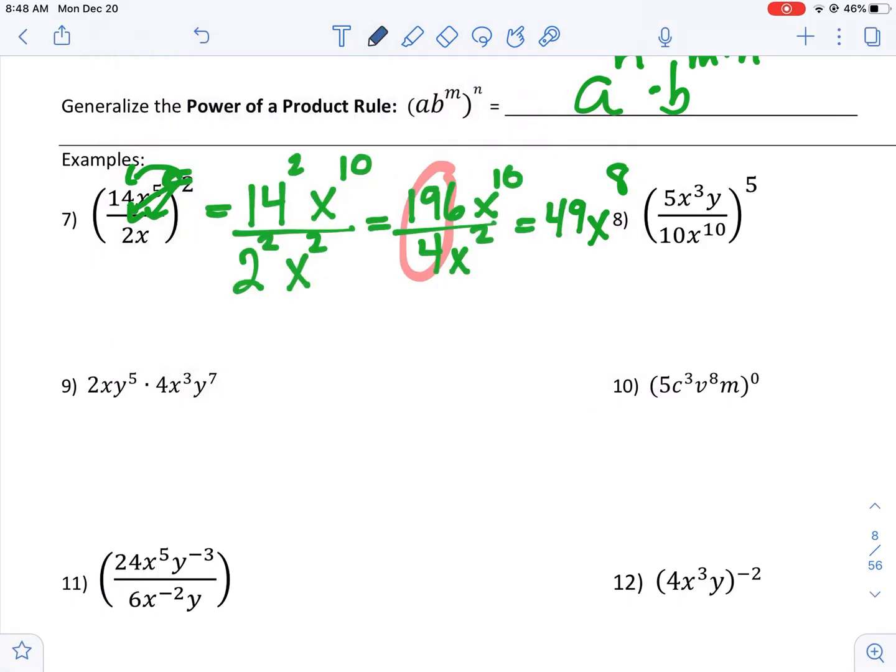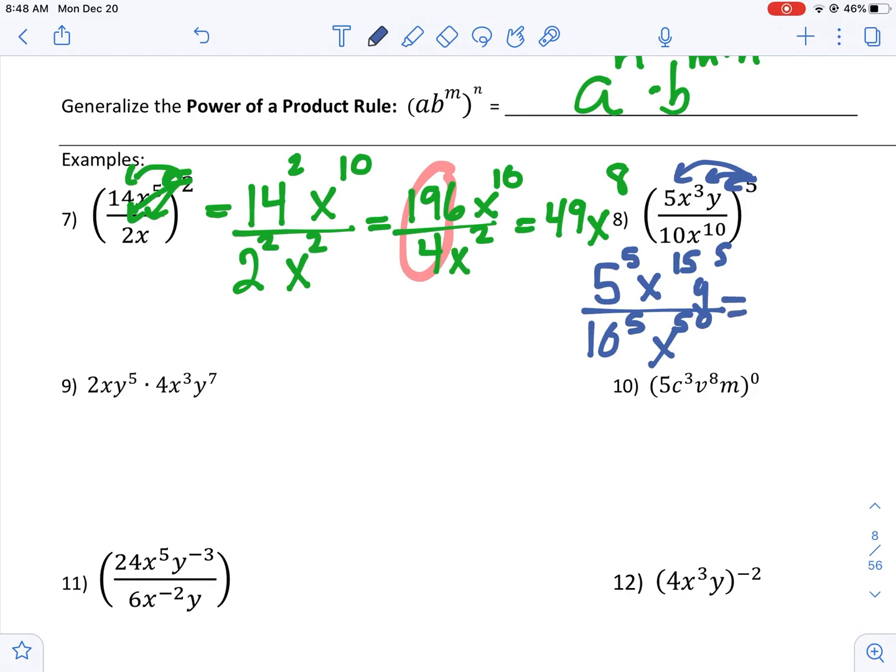So if we take a look at this next one here. First we distribute, so 5 to the 5th, this would be x to the 15th, y to the 5th, over 10 to the 5th, x to the 50th.